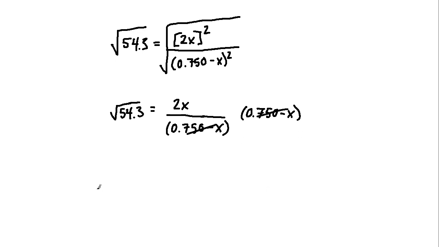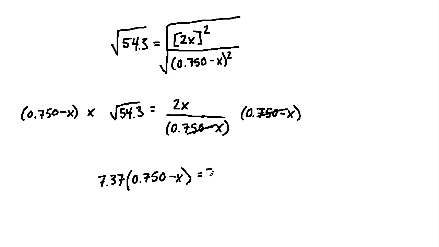So if we take the square root of 54.3, we would get 7.37. And that's going to be times, because we have to also multiply this side by the 0.750 minus x. Okay, and we have 0.750 minus x here equals 2x.